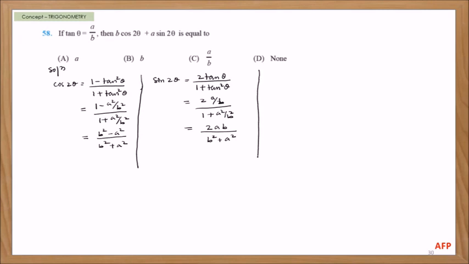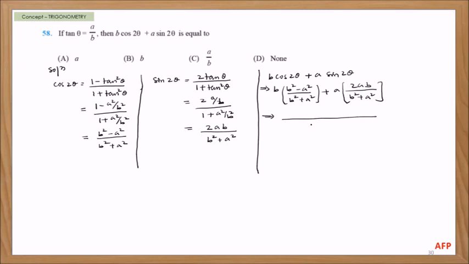Next, in the next part we will substitute in this, b cos 2 theta plus a sin 2 theta. This implies b as it is, so b square minus a square divided by b square plus a square. So this is the first substitution. Next, a into 2ab divided by b square plus a square. So the denominator is same, the denominator is b square plus a square.